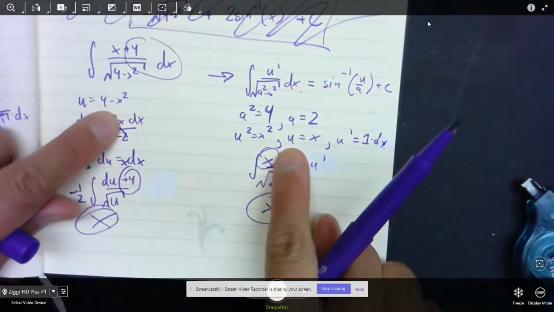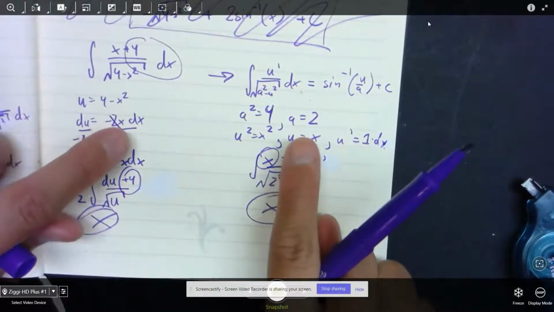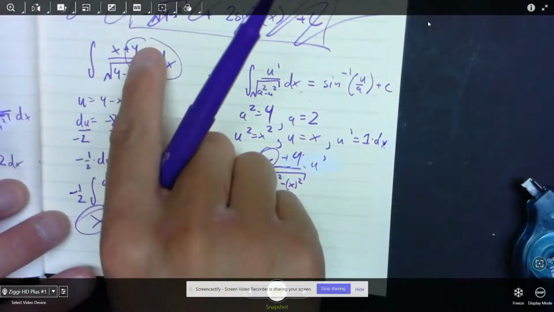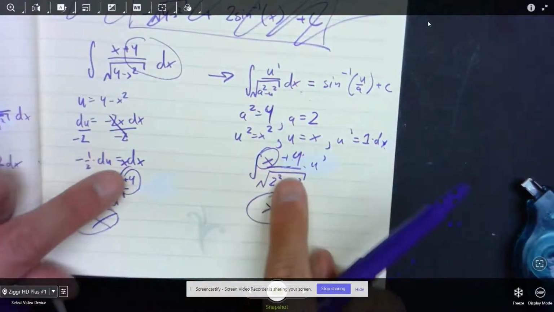How, you ask? I'm going to show you, but this solution is going to be very tricky. It's multi-layered. It's going to require both of these techniques.